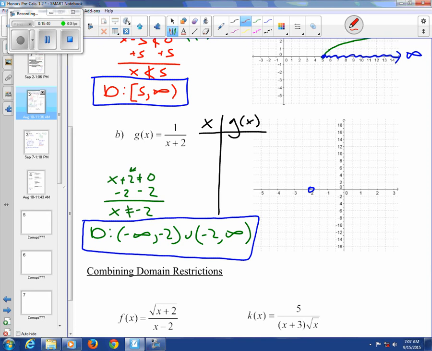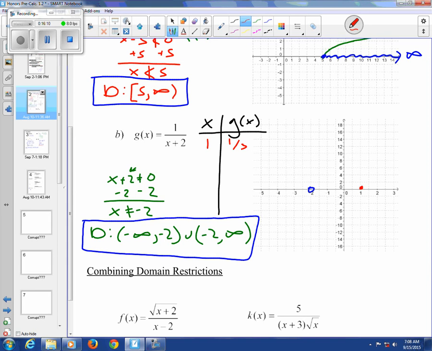And right here, what that's going to mean is the x values that give us a larger denominator are going to give us smaller outputs, and the x values that give us a smaller denominator are going to give us larger outputs. So let's start with plugging in x equals 1. When we plug in x equals 1, we get 1 plus 2 in the denominator, which gives us an output of 1/3. So right here, we've got something pretty close to the x-axis.